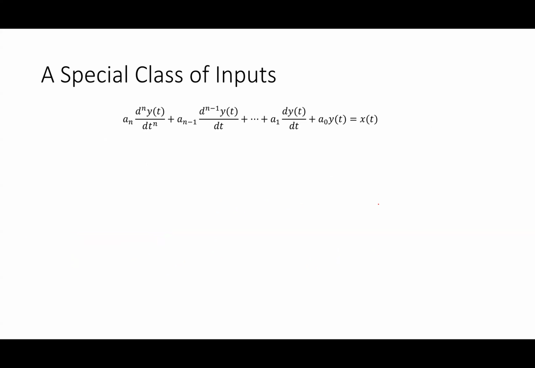Let's look at a simpler system. Let's say I just have dy by dt plus, I'll write it this way, a1, a0, y of t equals c e to the at. What do I guess for the steady state or particular solution in that case?